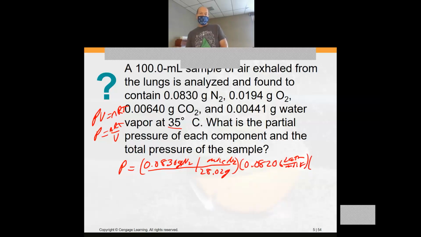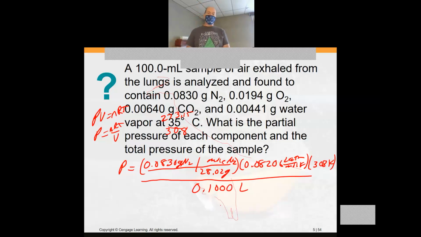Then your temperature, 35, you add 273.15, and that gives you 308 Kelvin. And then you divide that by the volume, and they told you that the volume of the sample was 100 milliliters, so that is 0.1 liter.